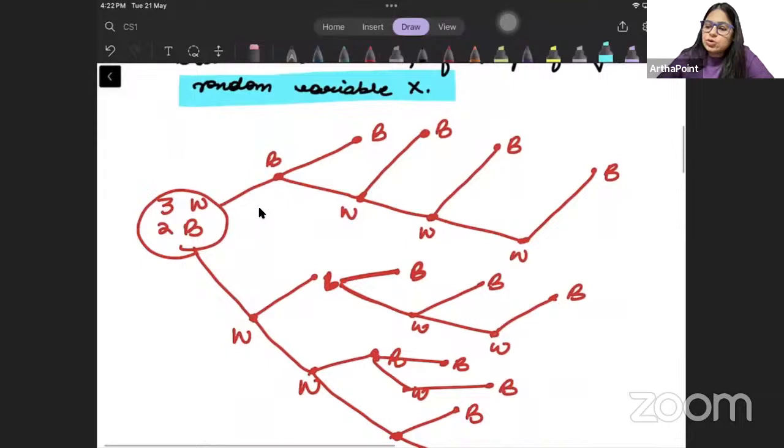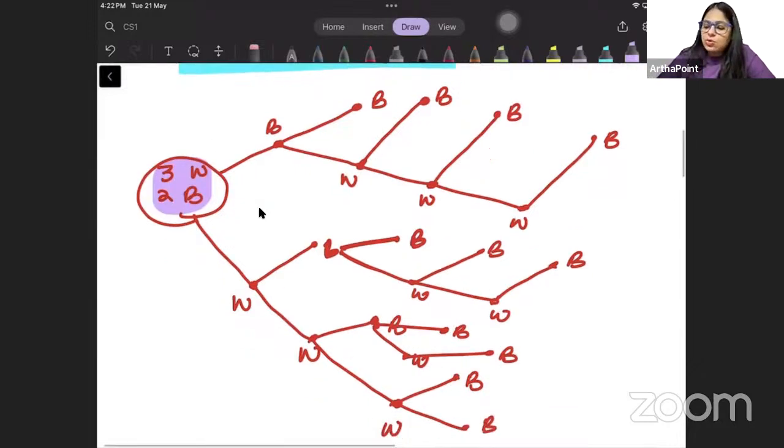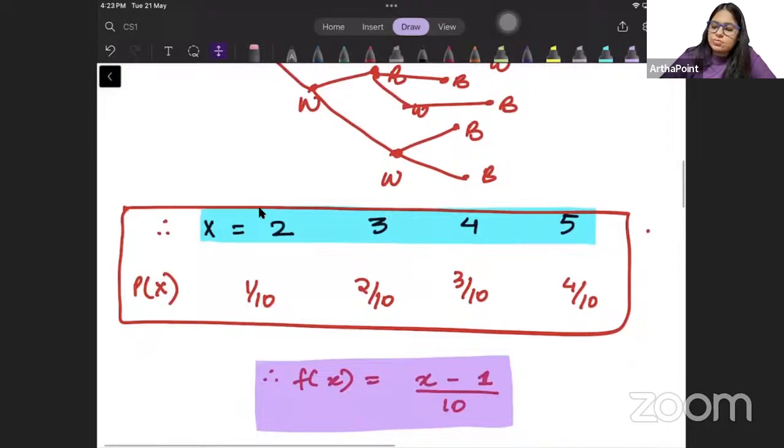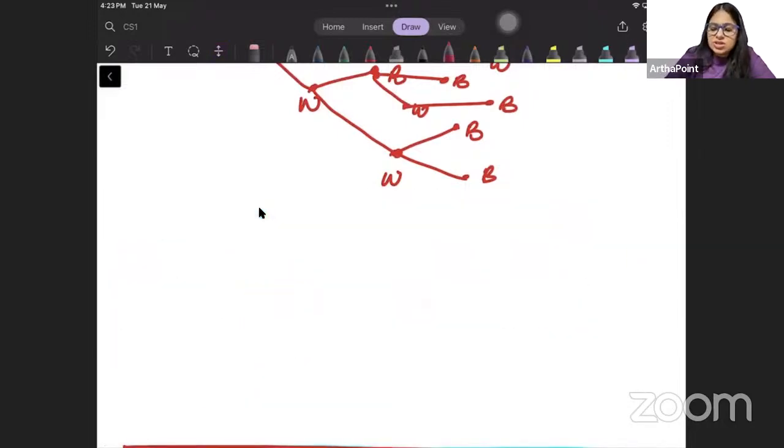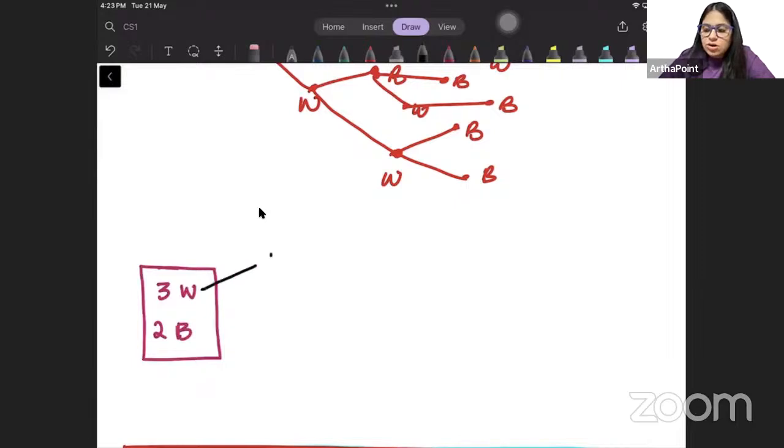So I have 2 black balls and 3 white balls. If I try to make a tree here, this is a bag with 3 white and 2 black balls. The first thing that can happen is that I draw a black ball and then again a black ball, and done. Both black balls are out.